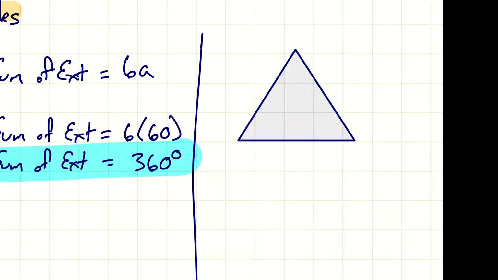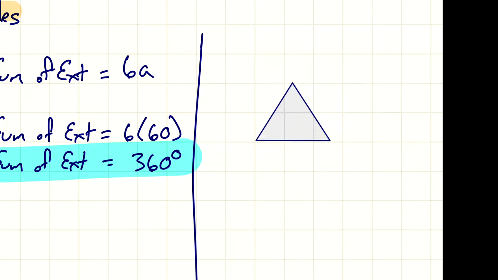All right, that's better. So if I take this triangle, resize it, and extend those lines like I did before, now I've created these exterior angles. So the question is, what do all three of those angles add up to?